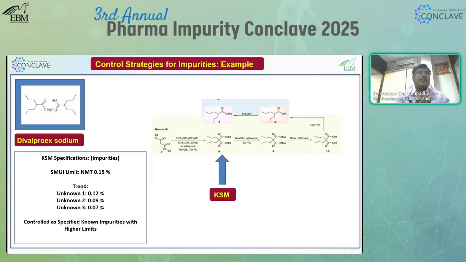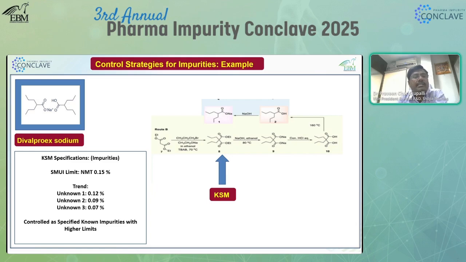So whether it is known or unknown, in the drug substance you have to control with the limit of 0.05 only. If you see the process, the diethyl malonate derivative is the KSM. Afterwards, only hydrolysis and decarboxylation is there to deliver the API. In this case, the chemical conversions are very few.